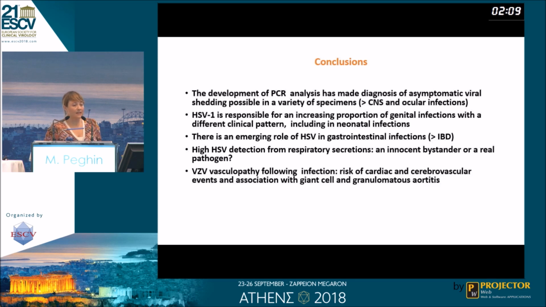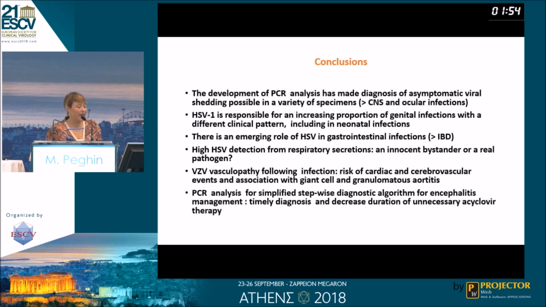There are very interesting data on the use of varicella PCR for the role in vasculopathy and the risk of cardiac and stroke events, and also with autoimmune aortitis and vasculitis. And PCR against herpes 1 and 2 and varicella zoster virus can also allow a new, different, interesting approach in daily practice for encephalitis.